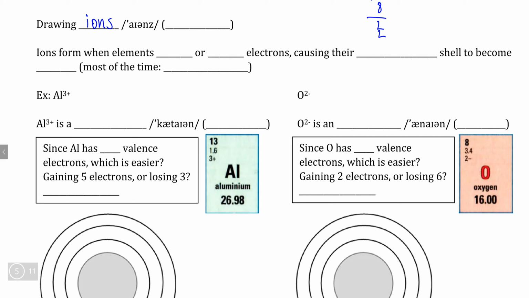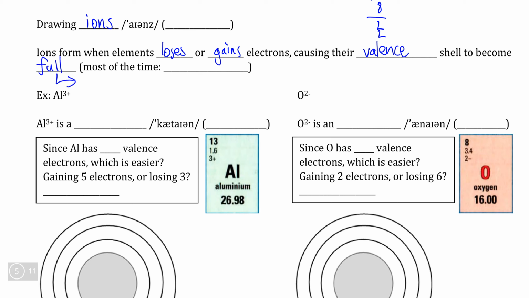Now, ions form whenever an element loses electrons or whenever it gains electrons. And we know how many electrons an element is going to lose or gain, because this is going to cause their valence shell, the outermost shell, to become full.